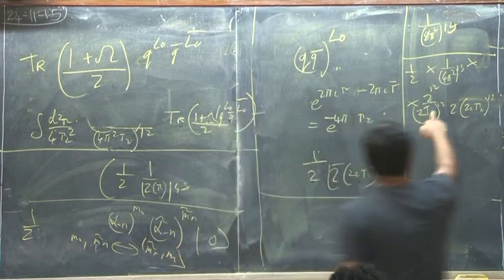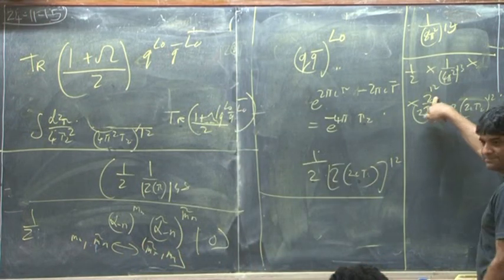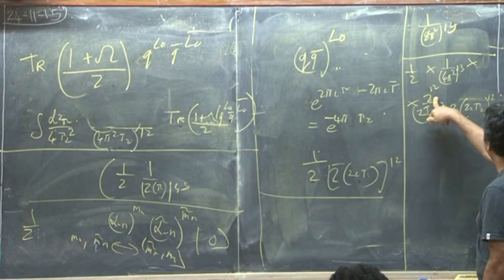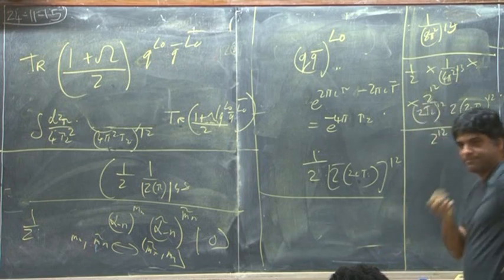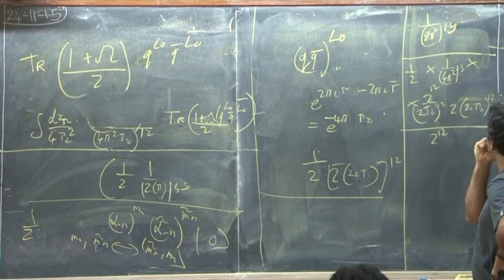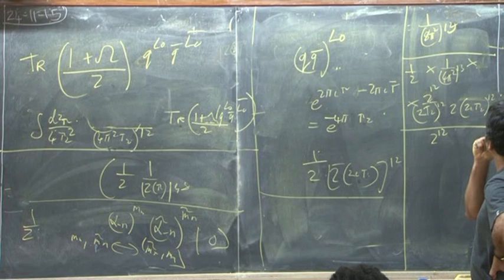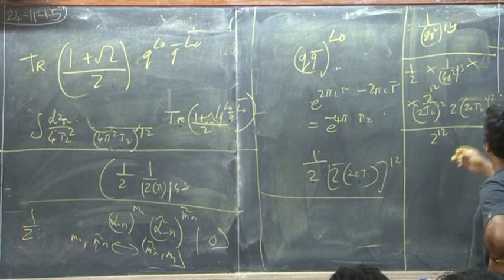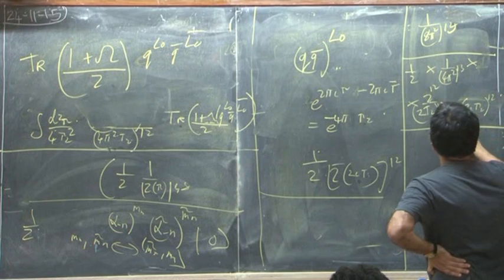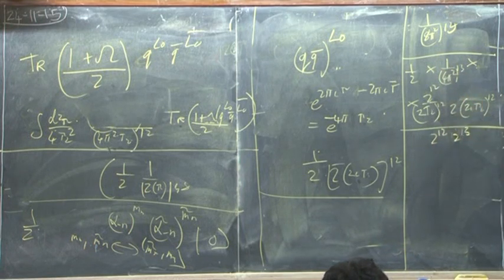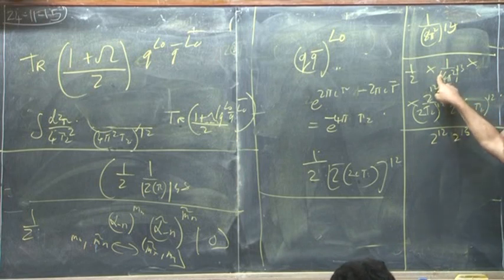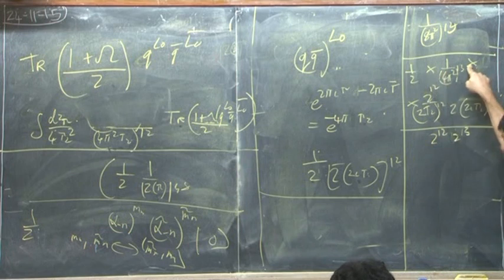So the effective factor that is appearing here is a 2 to the power 12 times 2 to the power 13, because we should compare with 8 pi squared to the power 13.